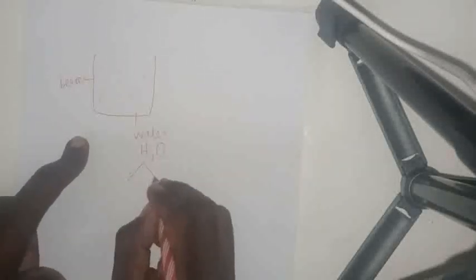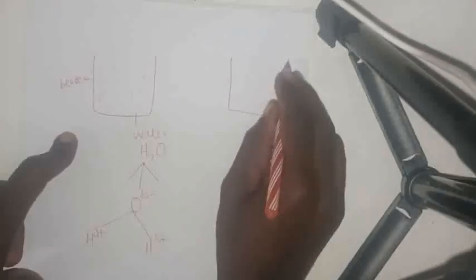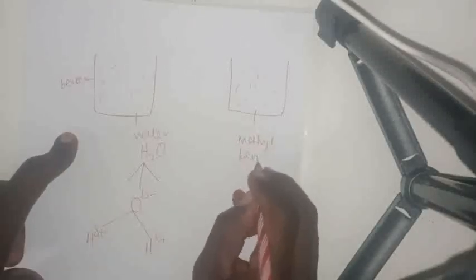I told you water is chemically written as H2O, and it has an oxygen atom, which is partially negative, and 2 hydrogen atoms which are partially positive. And on this other end, we might have another beaker that has methyl benzene, which is a very poisonous substance that needs to be handled with a lot of care.